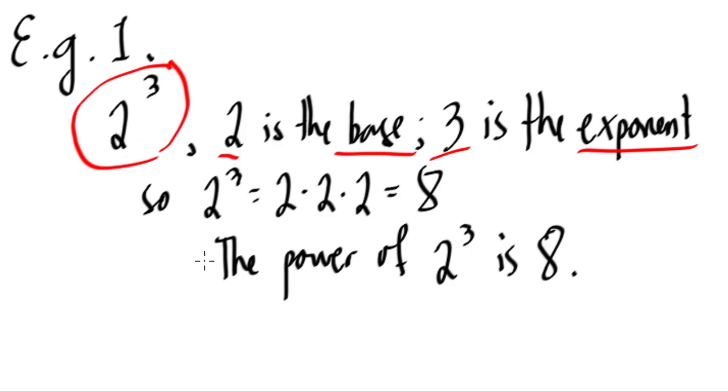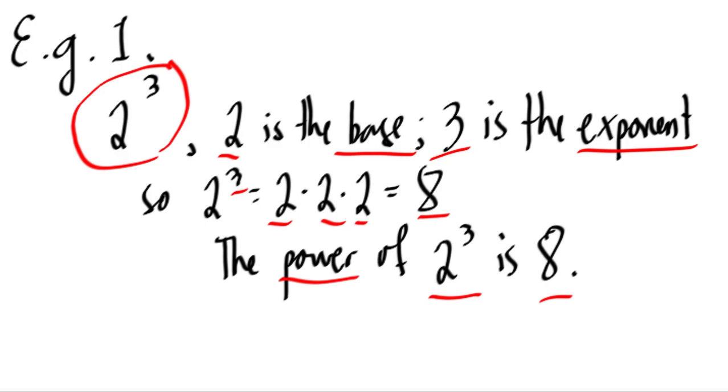So 2 raised to 3 is 2 times 2 times 2, because the base is multiplied by itself 3 times. That is equal to 8. So the power of 2 raised to 3, another special case like the squared, can be read as 2 cubed. The power of 2 cubed is 8. Maybe you can review that part if it's not clear yet to you.